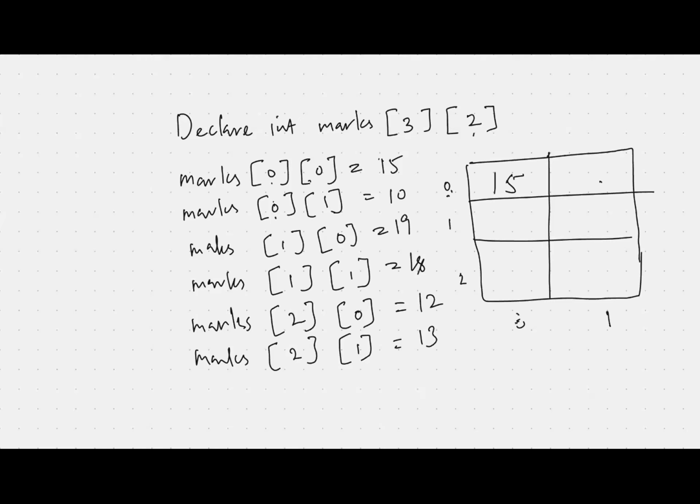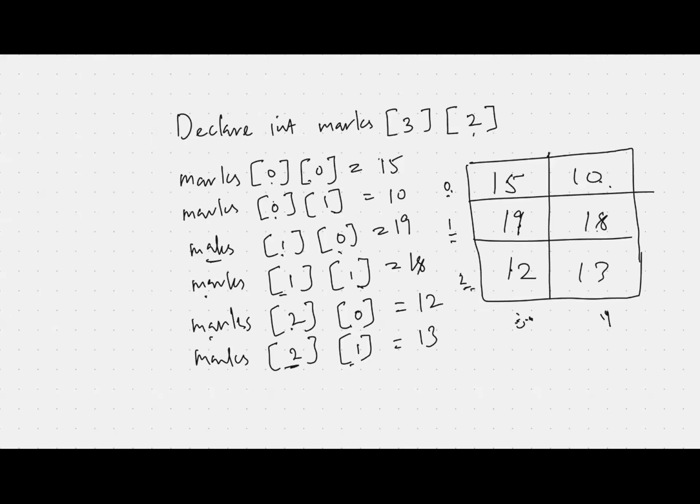At position 1 and 0, we have 19. At position 1 and 1, we have 18. Position 2 and 0, we have 12. And at position 2 and 1, we have 13. So it's just like Excel. You look at the rows first and then the columns next.